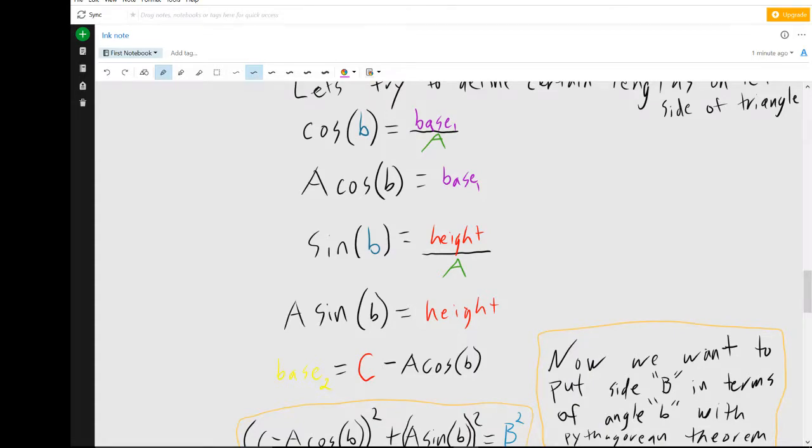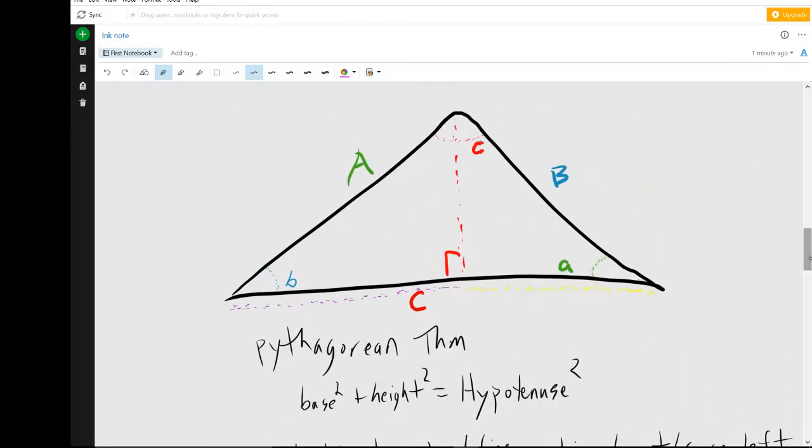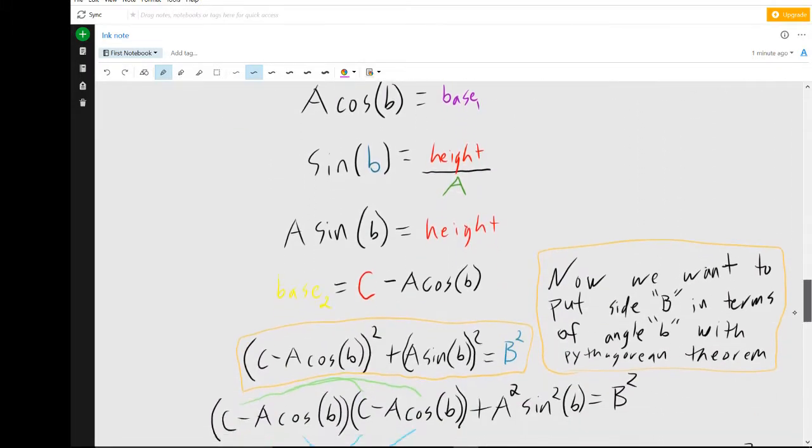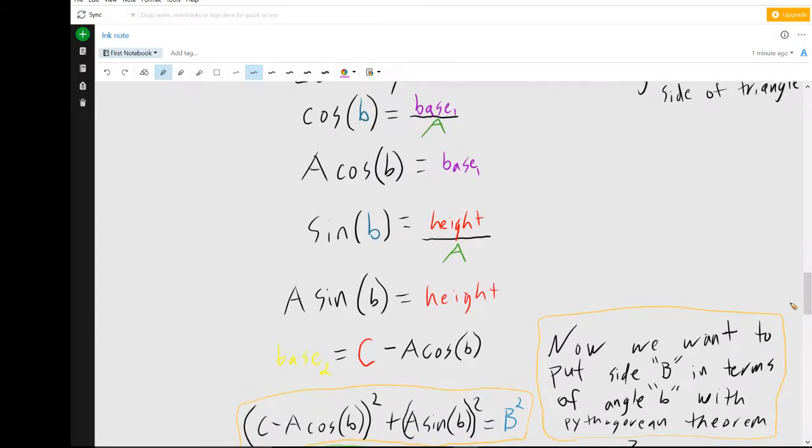In that sense then, as I stated earlier, the yellow portion of the base, so the right side, is going to be equal to the total length of the base minus the purple portion. And we've worked that out here. Base 2 is equal to c minus a cosine b.